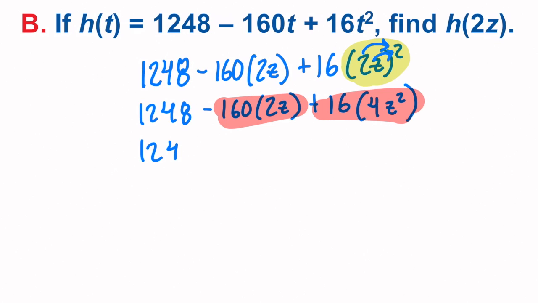Alright, so I'm going to bring down the 1248. We haven't used that yet. And then I'm going to multiply the 160 times the 2 and the z. I'm going to ignore the z for now. So 160 times 2 should give me 320, and the z we just keep there.